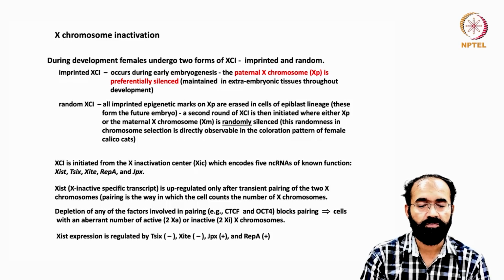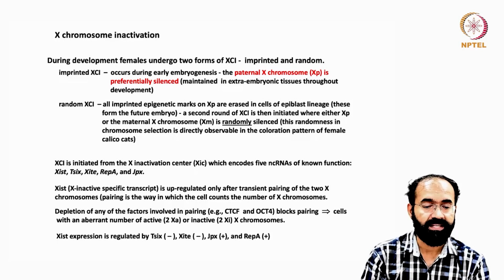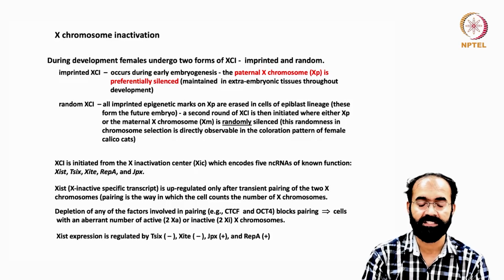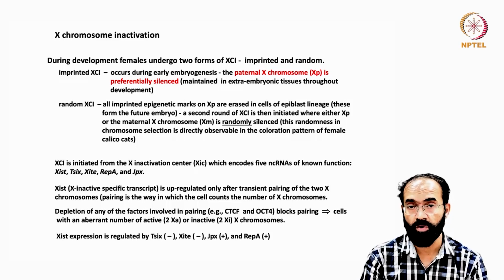Depletion of any of the factors involved in pairing, such as CTCF and OCT4, which are important for counting, blocks the pairing and leads to cells with an aberrant number of active X chromosomes. That means both X chromosomes can remain active or both can remain inactive. Usually this shouldn't happen, but it can if an imbalance occurs in the expression level of CTCF or OCT4.